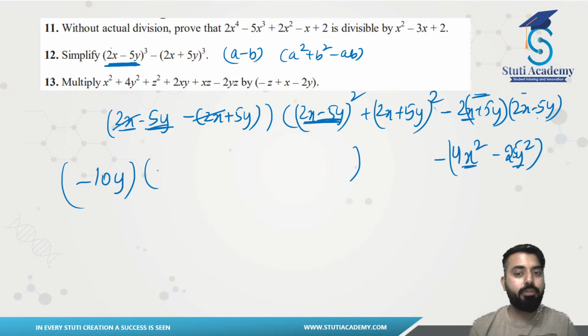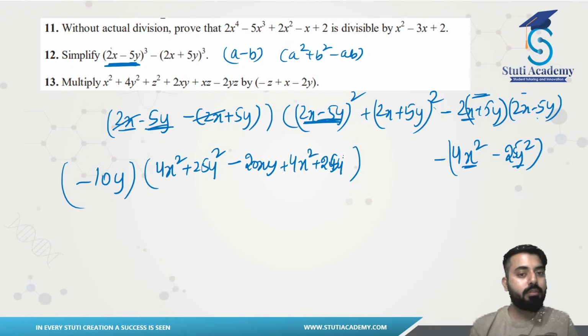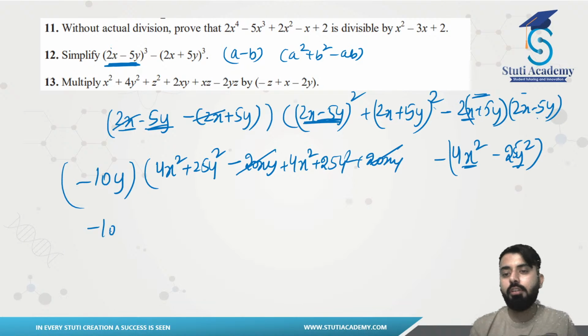If you solve these, you will be having what? a minus b's whole square: a square 4x square plus b square 25y square, minus 2ab, that means 2 into 2, 4 into 5, 20xy. Similarly, while you solve this one, your 2ab will be positive, so you will be having 4x square plus 25y square, and you will be having a positive 20xy. So you guys see, these will cancel out, and ultimately you will be getting your answer 10y.